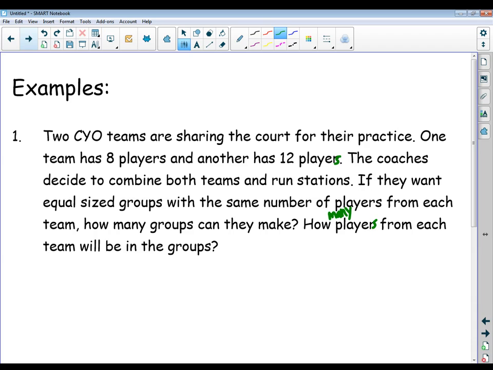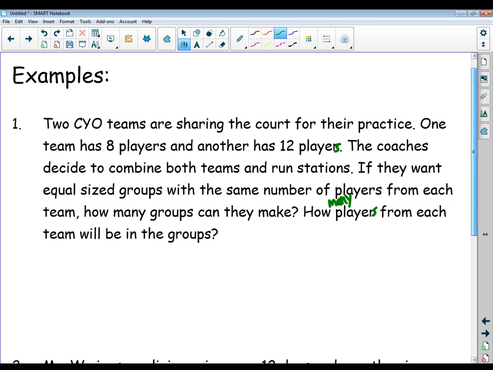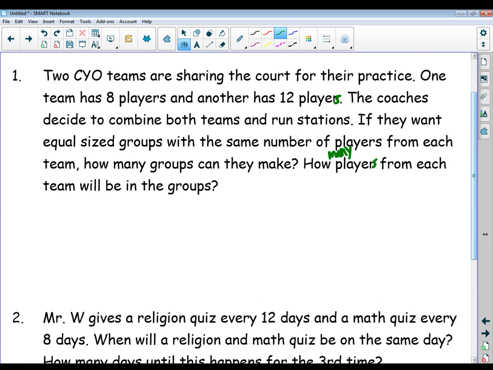Okay, so let's think about what we have here. Are we going big or are we going small? So what we have are 8 players, and then in a different color we have 12 players. And so let's go 1, 2, 3, 4, 5, 6, 7, 8. 1, 2, 3, 4, 5, 6, 7, 8, 9, 10, 11, 12.